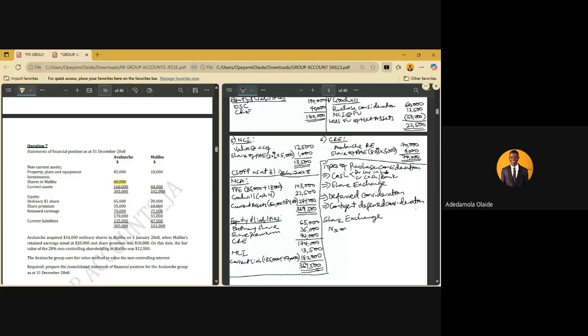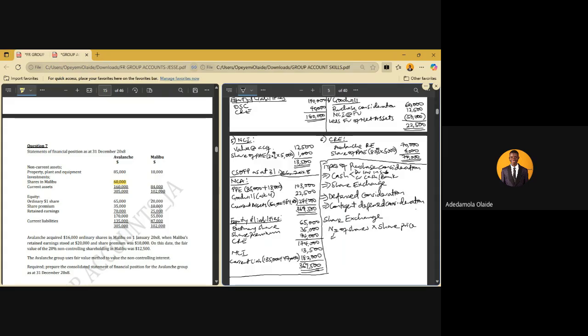However, to get this number of shares, most times it is expressed as a percentage or fraction of the shares they are buying.